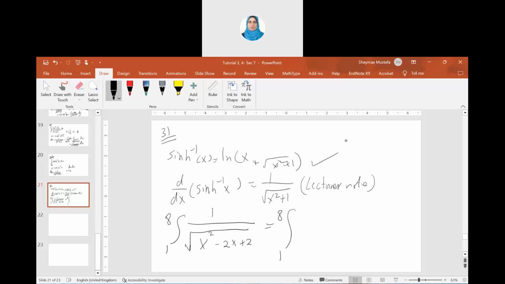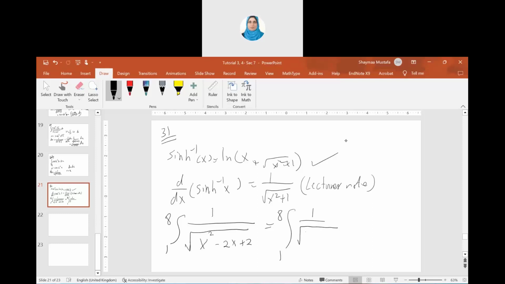To complete the square, b squared over 4 is 4 over 4, which is 1.